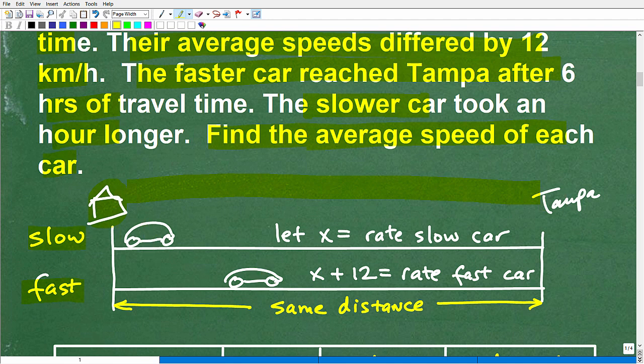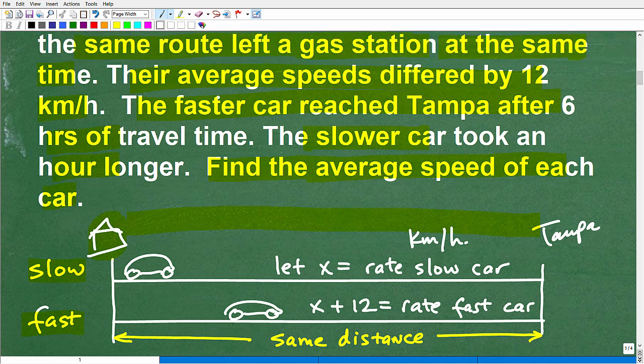So why don't we assign a variable? Let's say x is equal to the rate of the slow car. That's the speed or the rate, and it will be in kilometers per hour. So let x equal the rate of the slow car. Going back and rereading, their average speeds differed by 12 kilometers per hour.